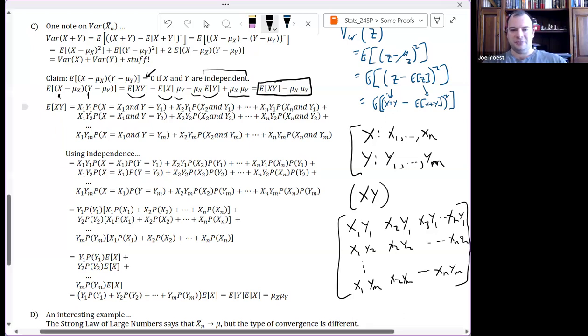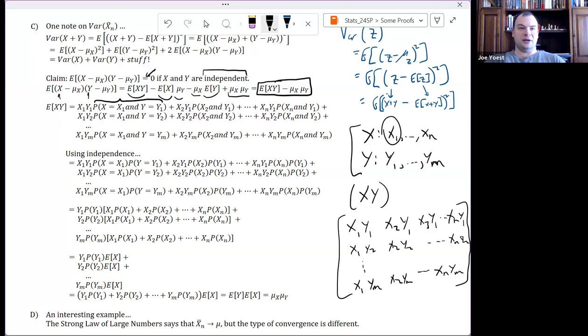So for instance, x1 times y1 is a possible value for this product x times y. And that occurs with probability, the probability that x equals x1, that we've ended up with that outcome from the list of x's, and y equals y1, that from the list of y's we end up with this outcome, y1.